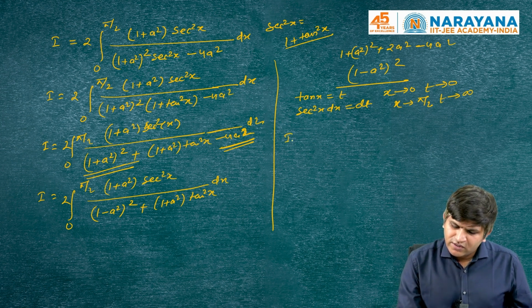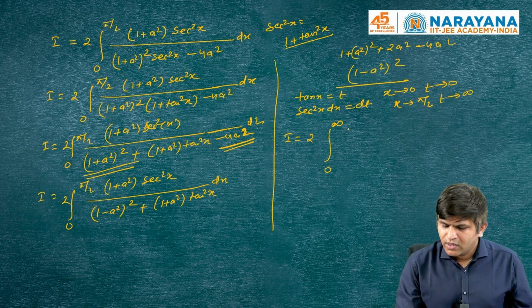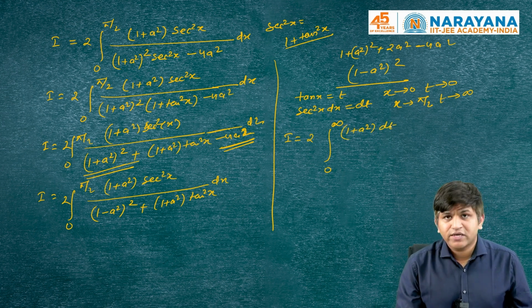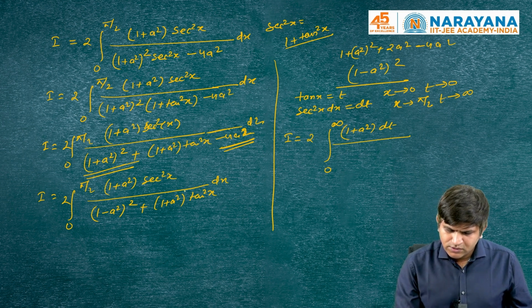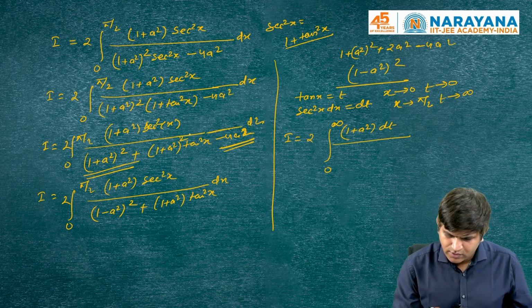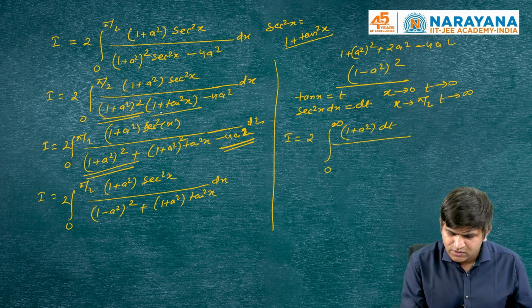So now we can write this as integral twice of 0 to infinity after changing limit, and 1 plus a square sec square x dx as dt. So this is dt divided by, now if we take, and this is 1 plus a square whole square, correct, because we are multiplying this inside.